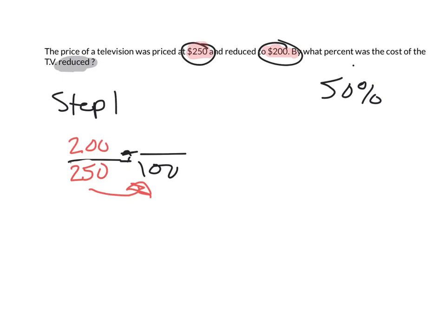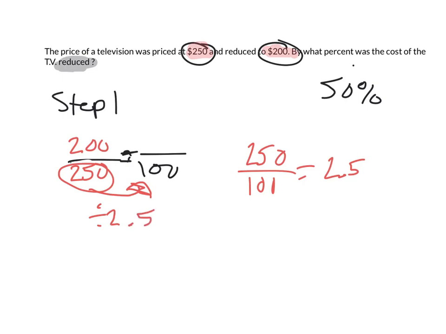So I'm actually going to show you two ways to solve this. So one way to figure out what we divide 250 by to make 100, and I know I have to divide because I'm going from a bigger number to a smaller number, is that I could just divide 250 by 100. And you can put that in the calculator and you get 2.5. So I know this divided by 2.5 is how I get from 250 to 200.